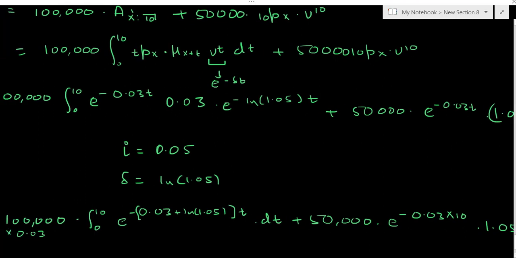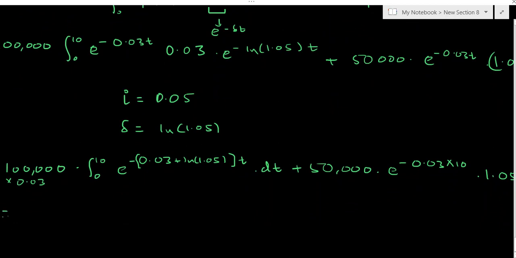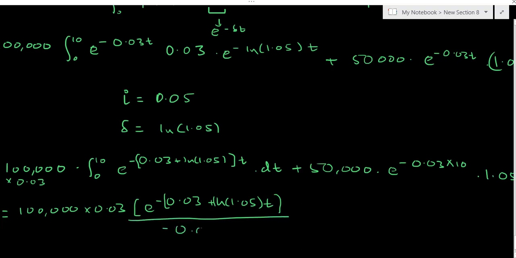Now this is basically what we have here, so if I integrate this, it becomes 100,000 into 0.03, and the integral of this becomes e to the power of minus 0.03 plus log of 1.05, to the power of t, divided by minus 0.03 plus log of 1.05.